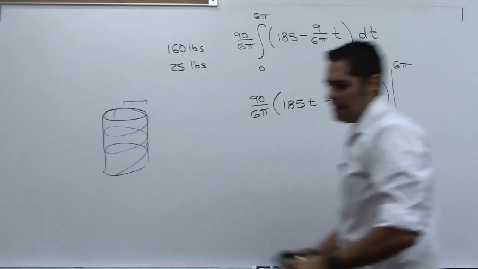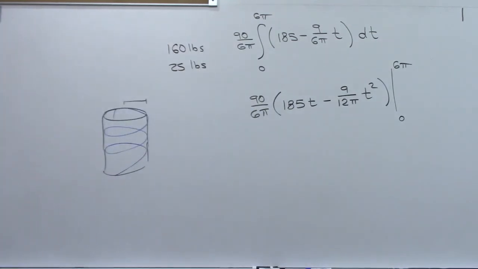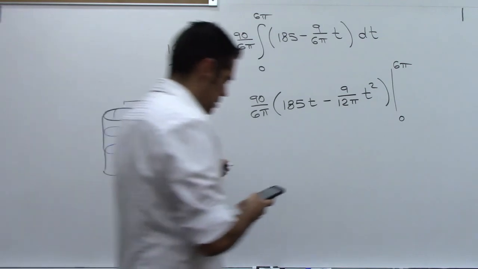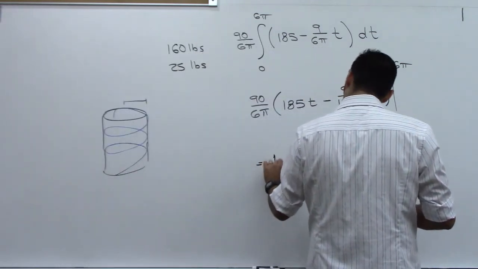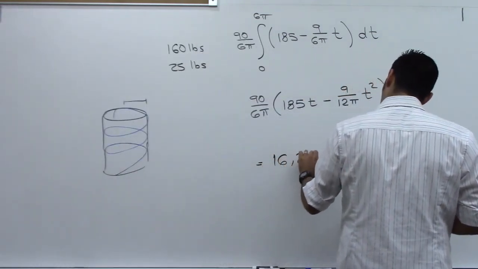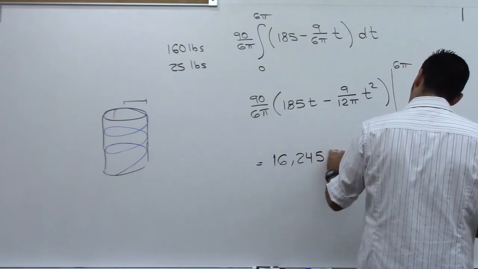When you do that, and I don't think I'm going to do it, you should get 16,245 foot-pounds.